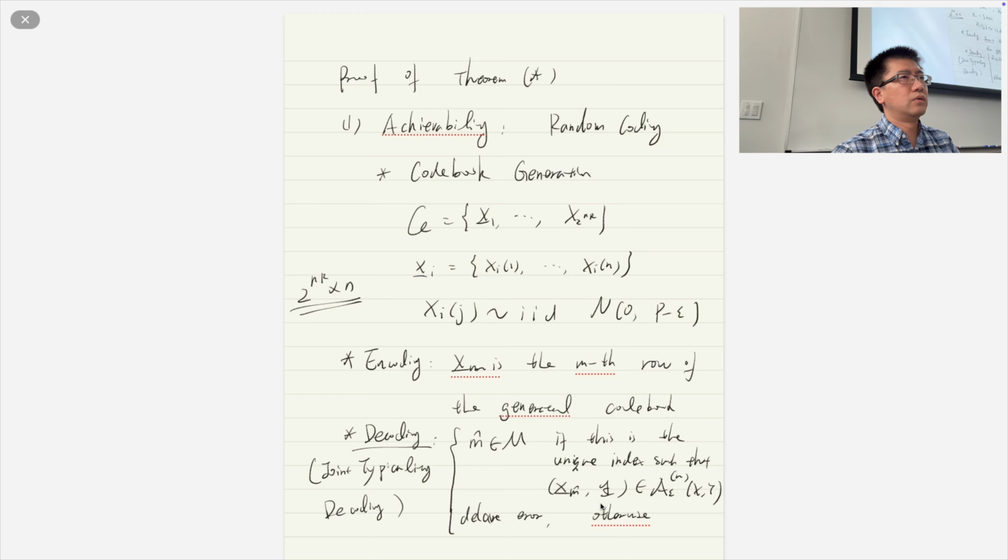Here we still have those two events, but we have one more error event. What's the only difference between this and the discrete case? The power.